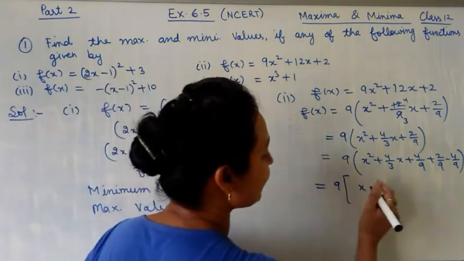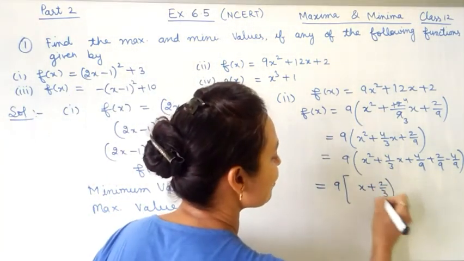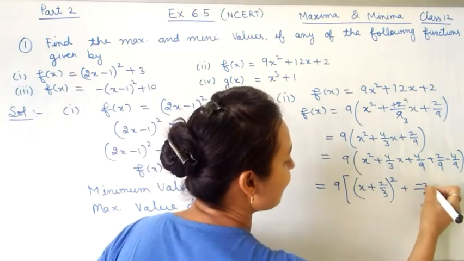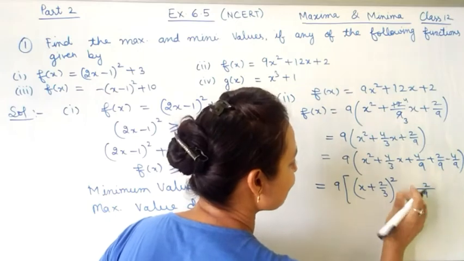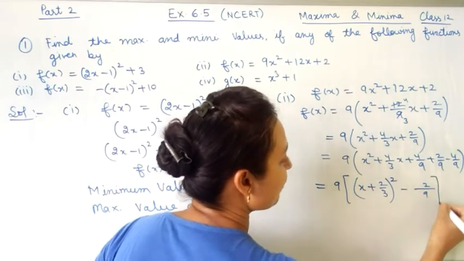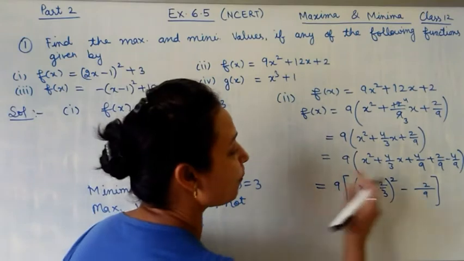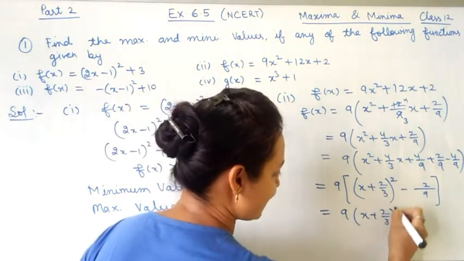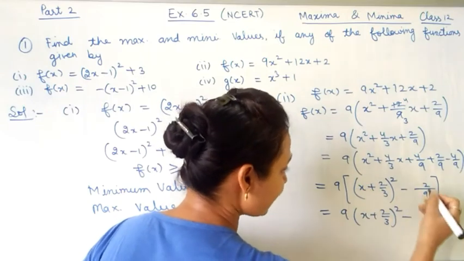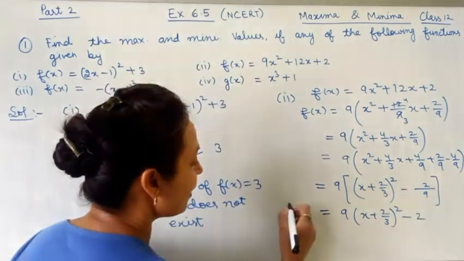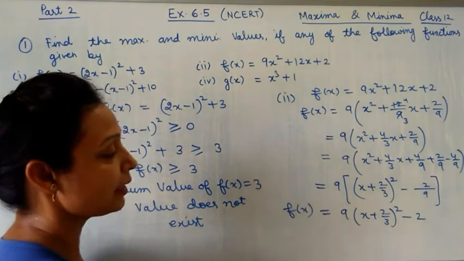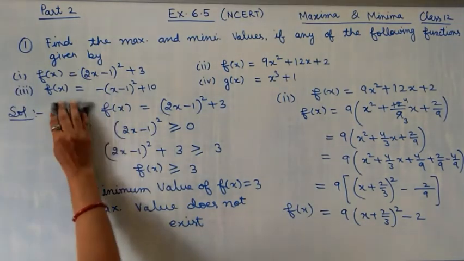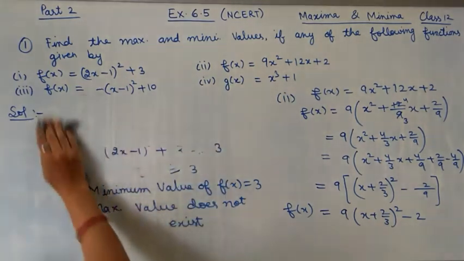So I will write x plus 2 by 3 whole square, and when you take the LCM it will become minus 4 by 9 plus 2 by 9, so minus 2 by 9. Now opening the bracket, 9 times (x plus 2 by 3) whole square minus 9 times 2 by 9, and 9 will cancel. Now I have a perfect square. How can we take the square to make the perfect square?